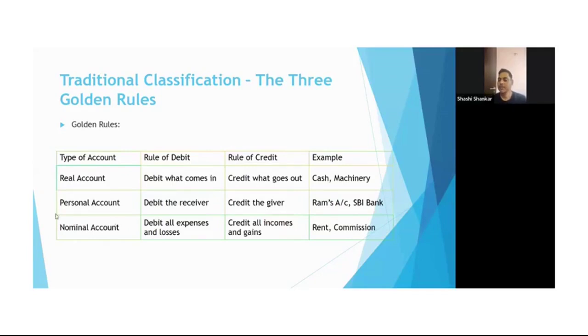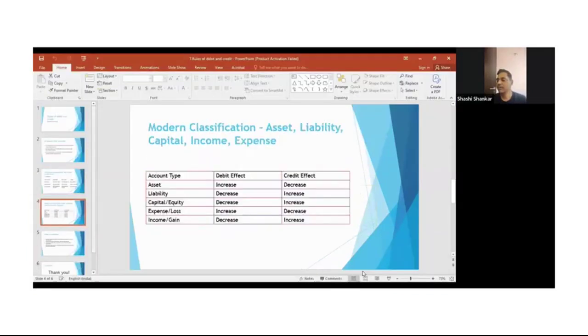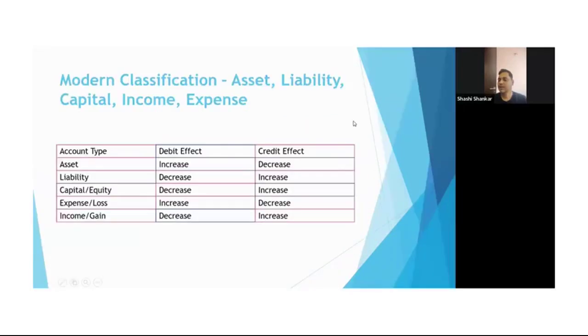Moving to the next one, the modern classification. In this classification we classify asset, liability, capital, expense, and income. It has similar debit and credit entries, but based upon the effect. An increase in assets should always be a debit effect.